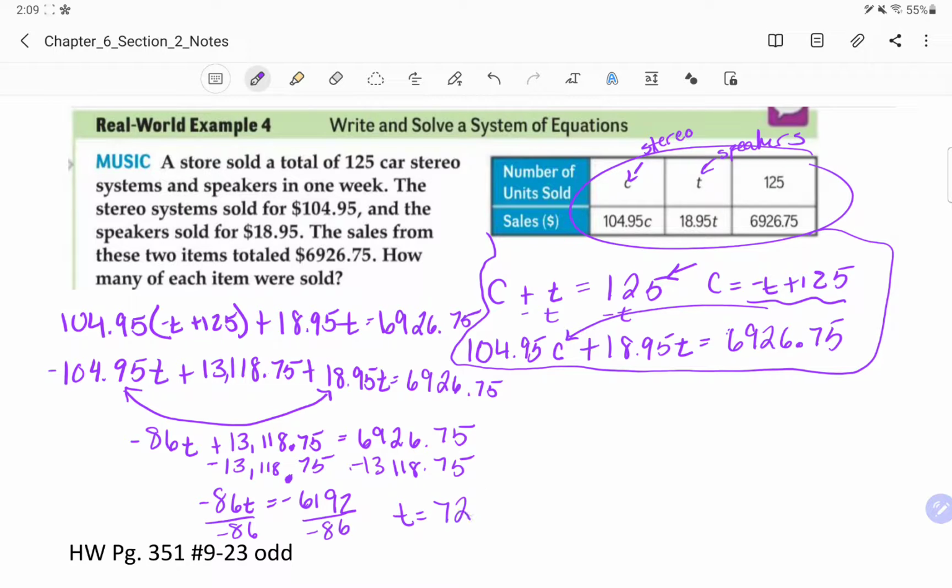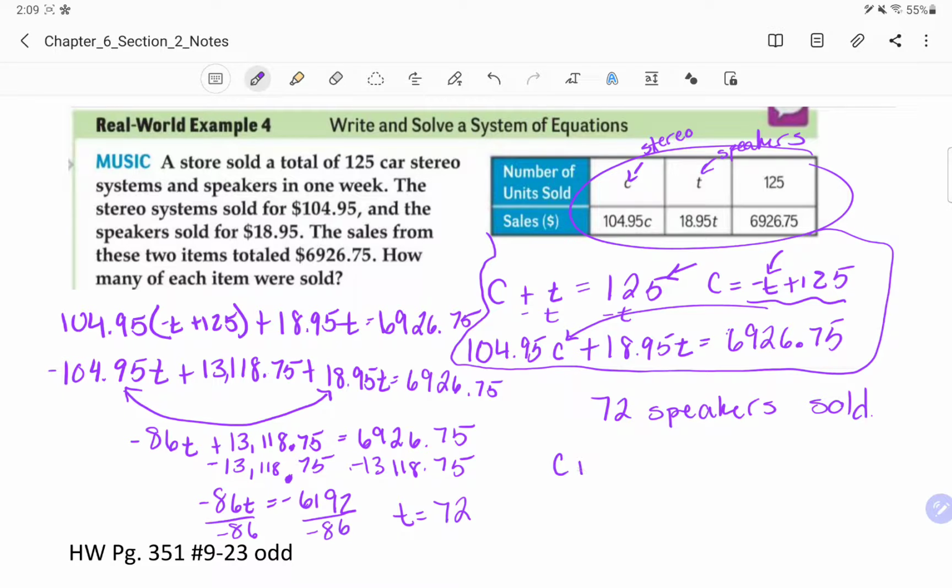Okay, so that means they sold 72 speakers. To find out how many stereos were sold, plug in 72 here.